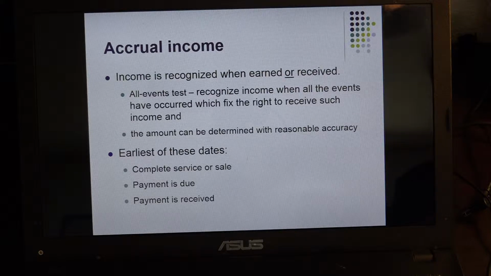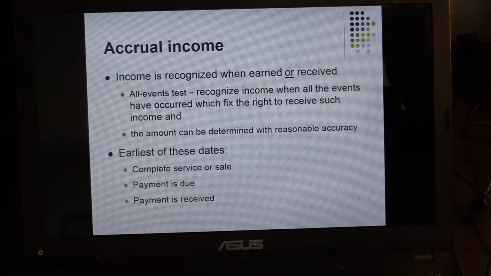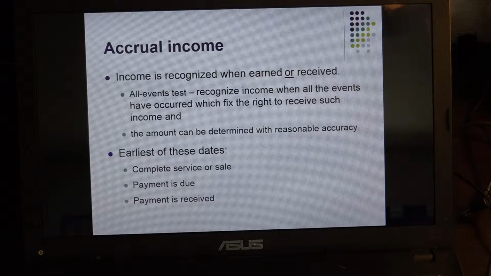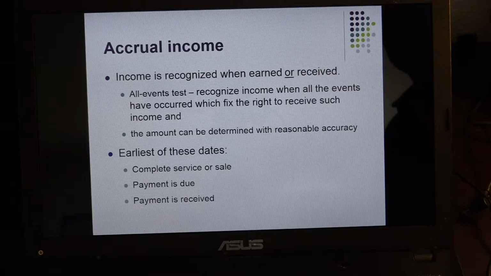Note, if you receive a prepayment before you've completed a service or provided a good, you're more than likely going to have to recognize that income even though you've only received a prepayment. So that is very different than GAAP accounting.